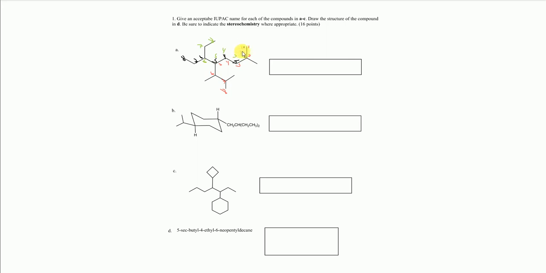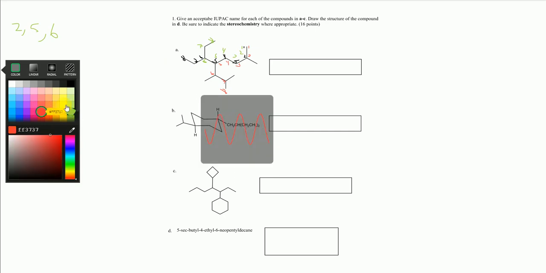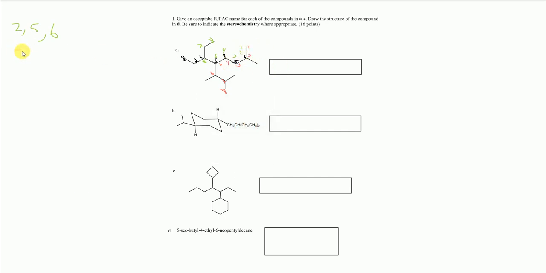Alright, so for the green path that I just did, I have how many groups? So I have 1 on 2, and then I have 4 on 5, and then I have 1 on 6. Okay, and then for the red path, I have 1 on 2, I have 1 on 5, I have 1 on 6, and I have 1 on 7.